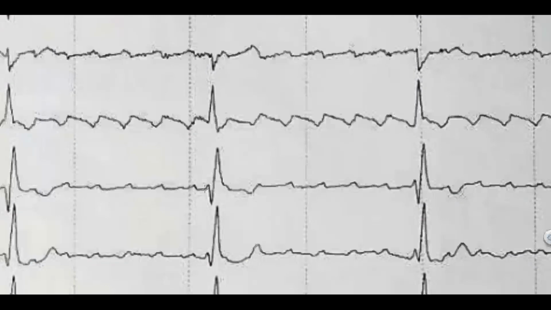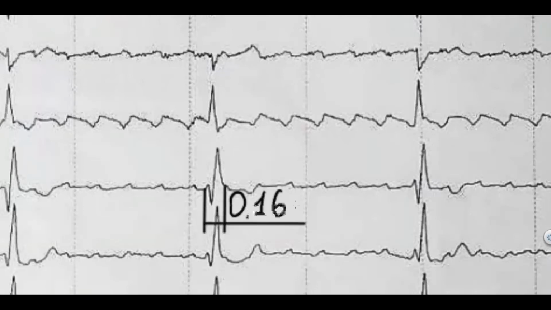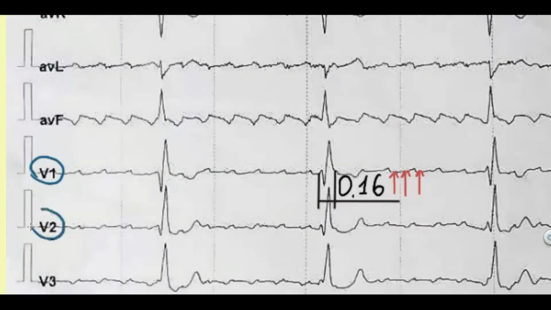But let's evaluate the QRS complex. The width of the QRS complex is 0.06 second, which is high. Look at leads V1 and V2.